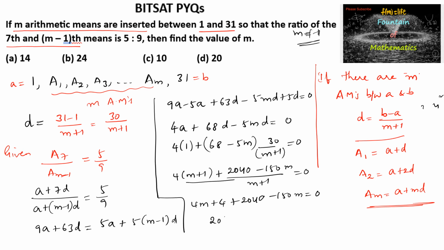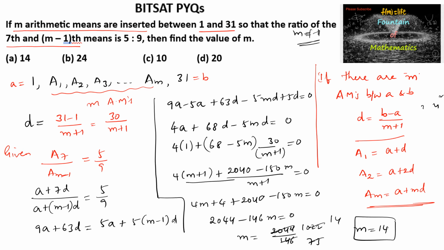So 2044 minus 146m is equal to 0. So m is equal to 2044 upon 146, which is 1022 upon 73, and 73 goes 14 times. So m is equal to 14. So we can go with option A.